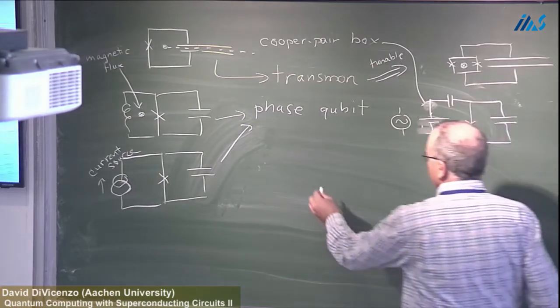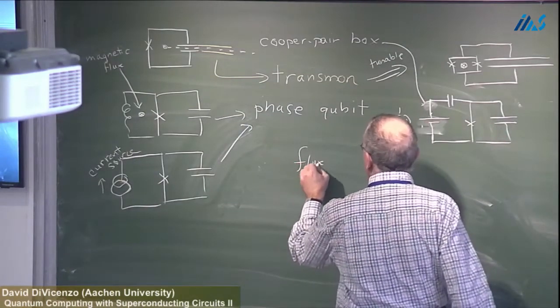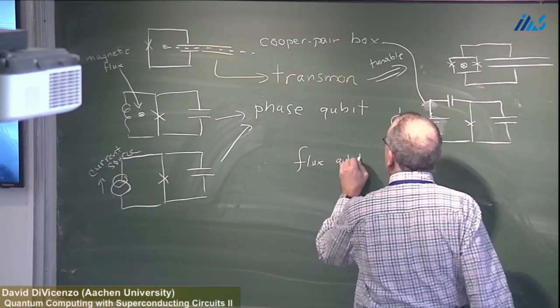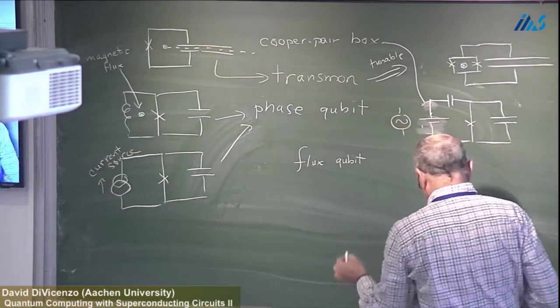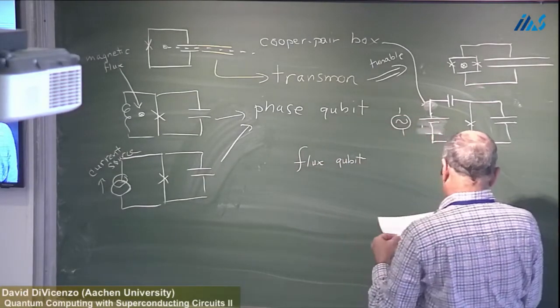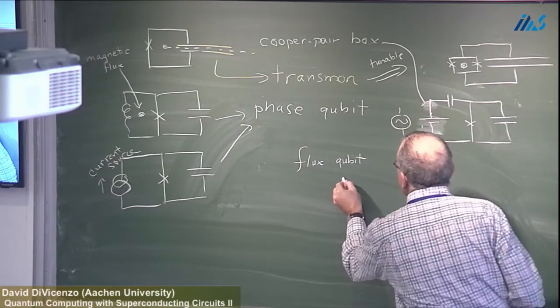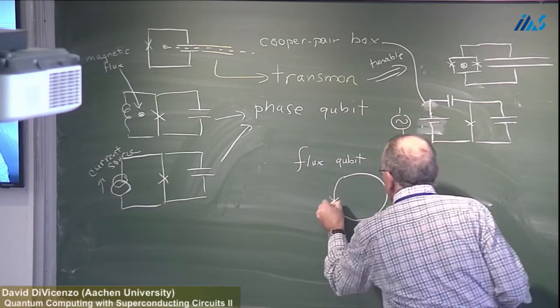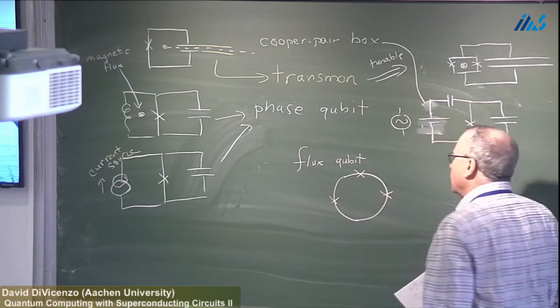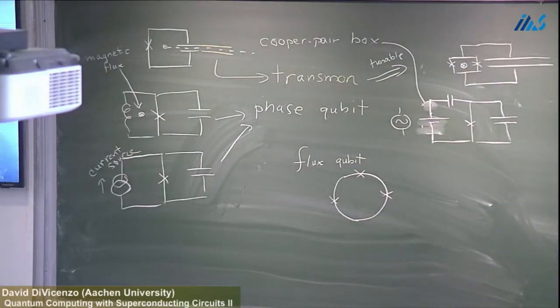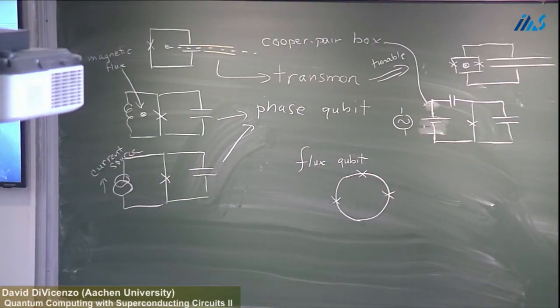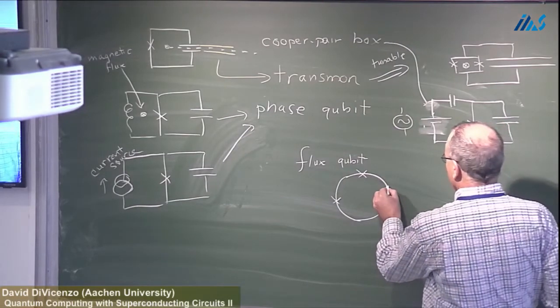Okay, next, the flux qubit. So the flux qubit is traditionally stated this way. It's just a ring with 3 Josephson junctions. And I'll derive for you why 3 actually is useful. Now it comes along with various other things.